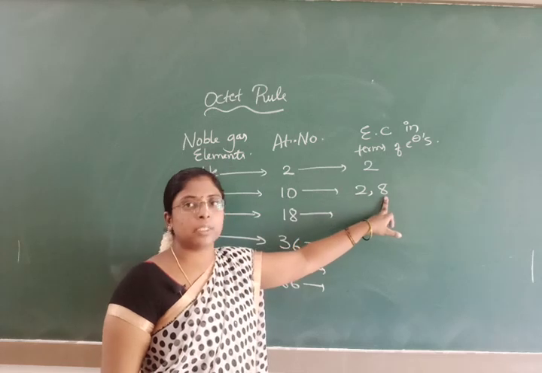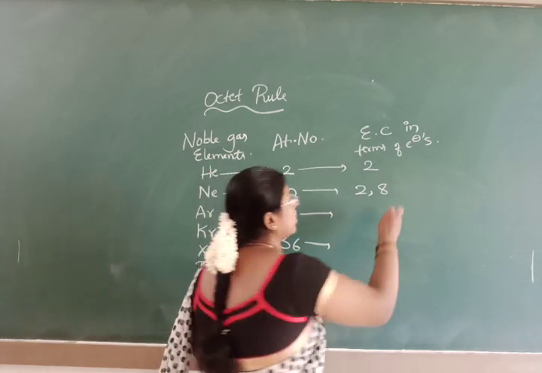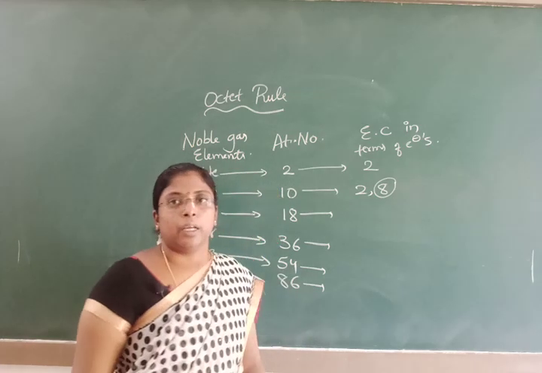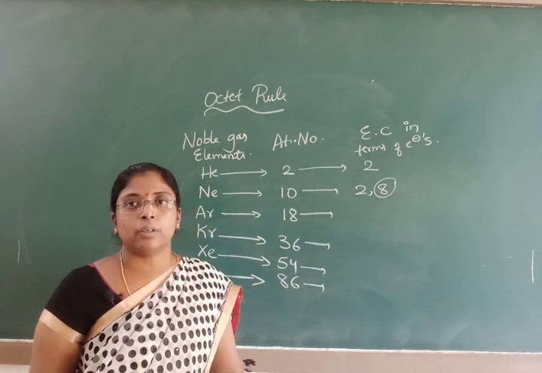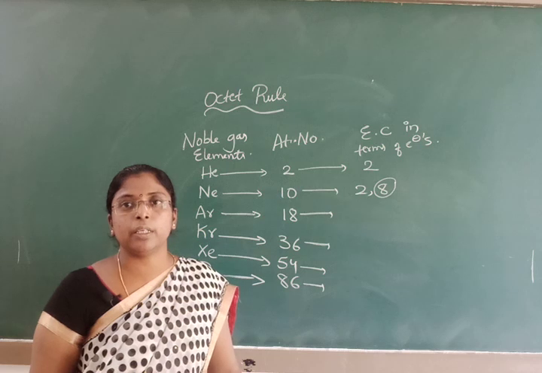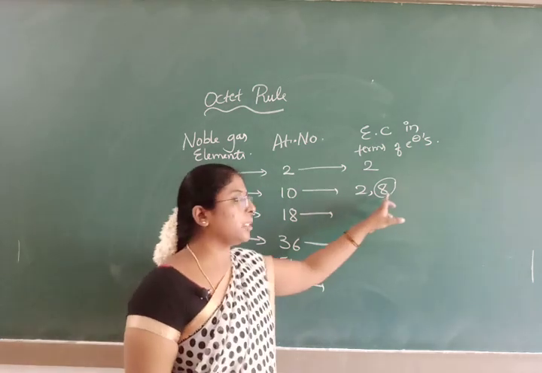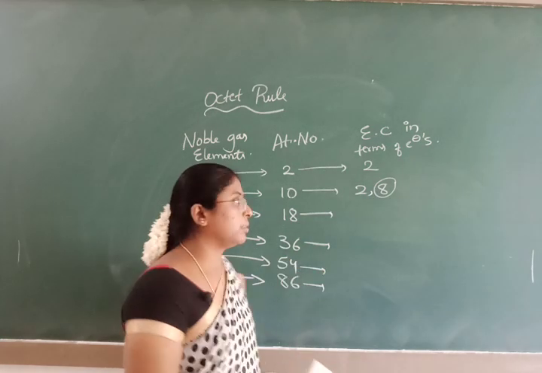The second shell is the outer shell, so the number of electrons in its outer shell is 8. An element having 8 electrons in its outermost shell is stable. Neon is stable with an outer configuration of 8 electrons.